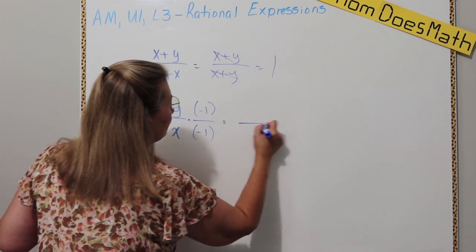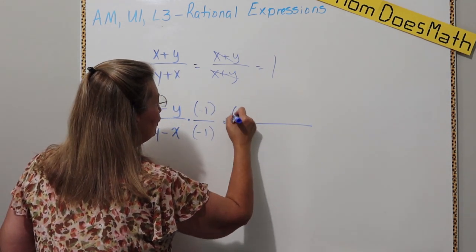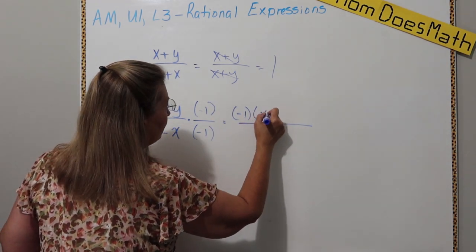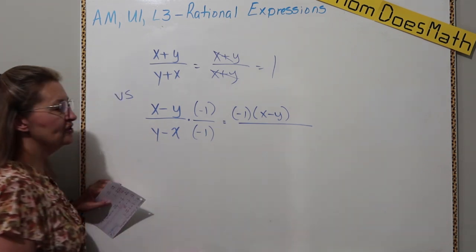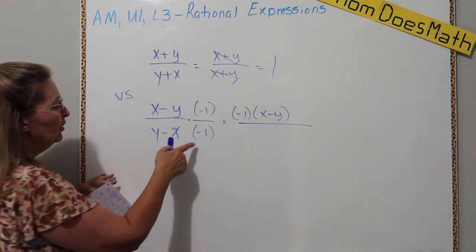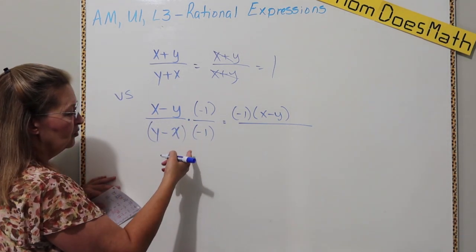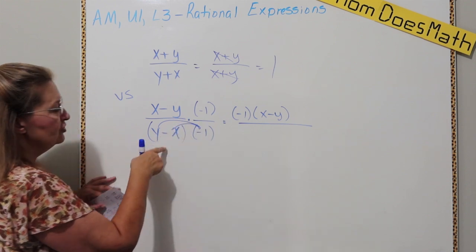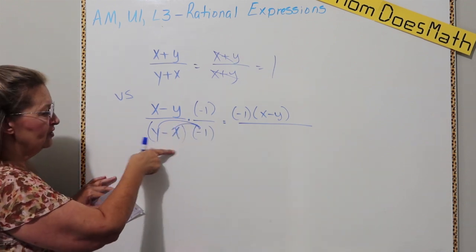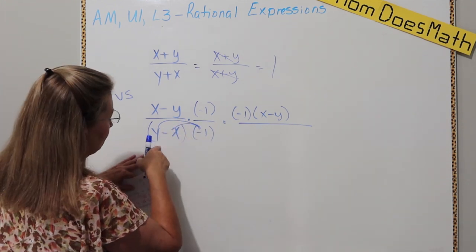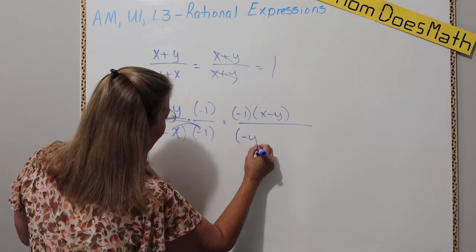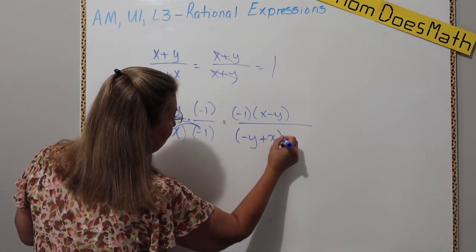Alright, so let's look. We're not going to use our top -1. We're just going to leave it there. But we are going to use the one on the bottom. We're going to distribute it into this binomial. When I distribute it into here, what do I get? I get negative y plus x.